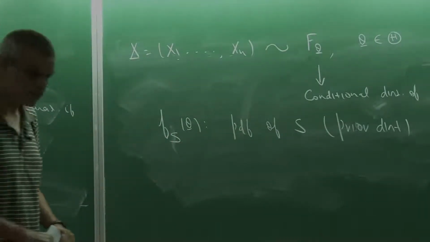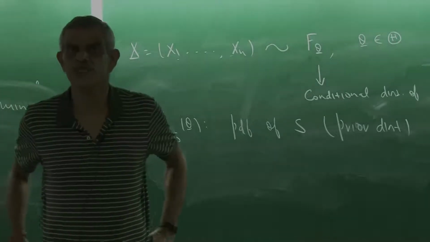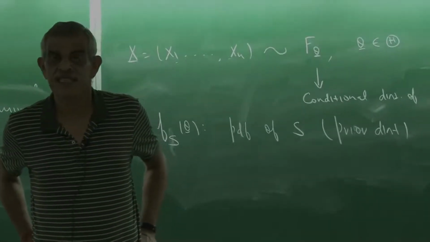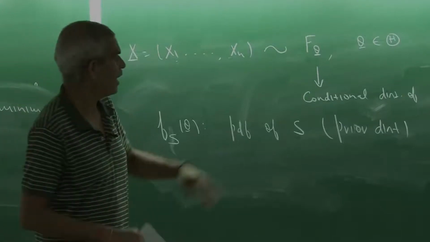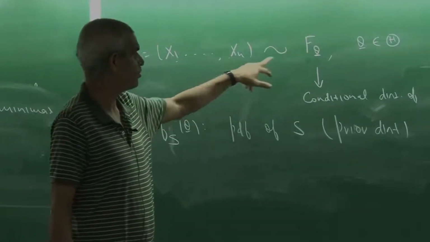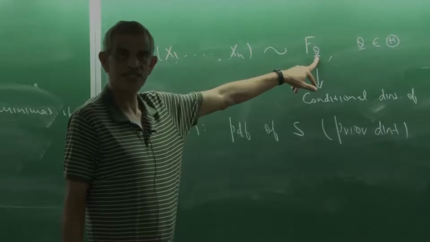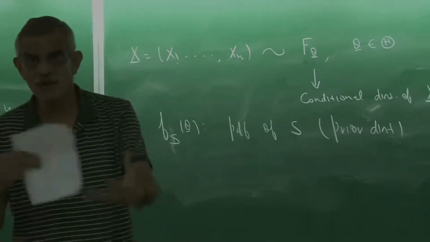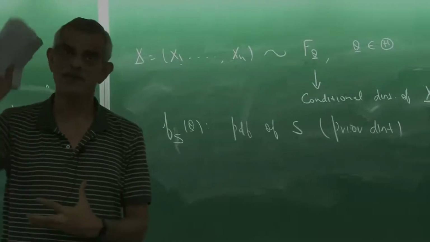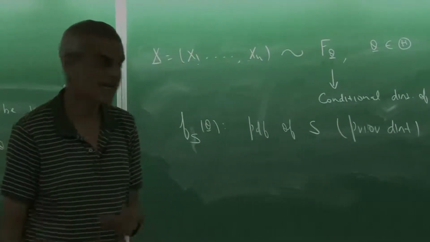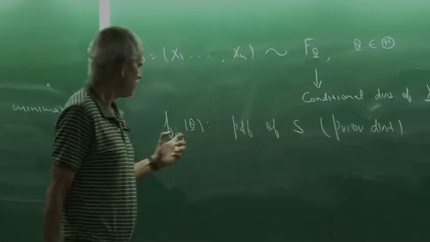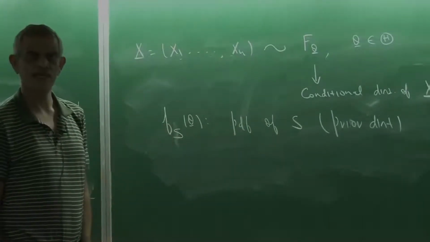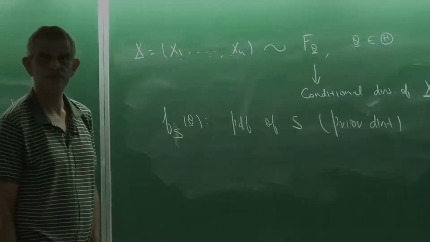So let's look at what are the sources of information about the true state of nature. In the frequentist approach, I had only one source of information about the unknown state of nature, which was the sample x1, x2, xn. But now, I have a prior information. That means from the beginning, I had some information about theta, the true unknown state of nature.